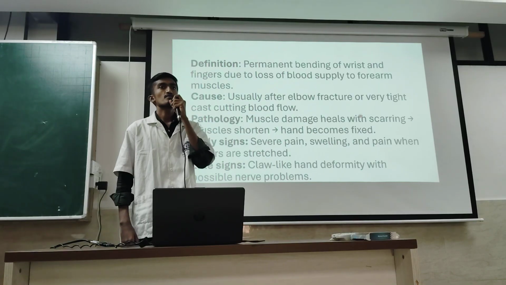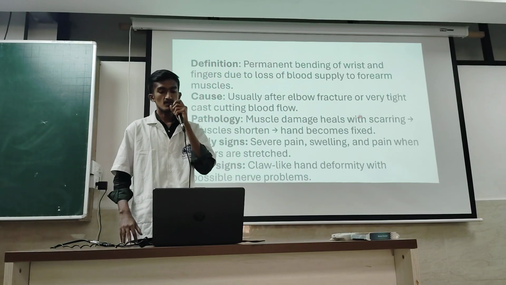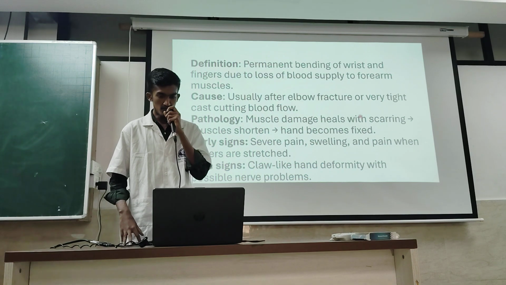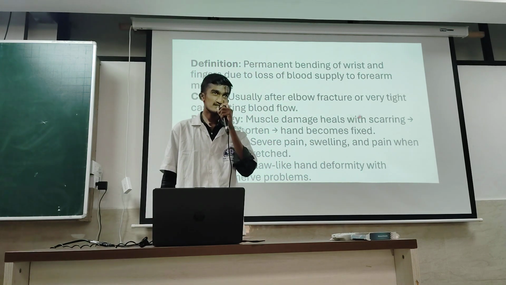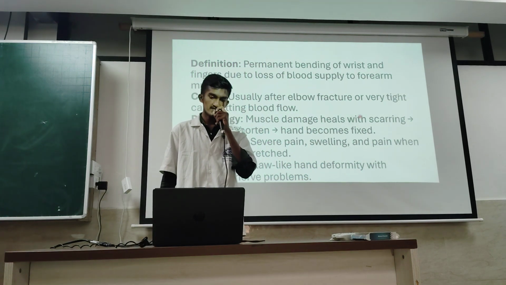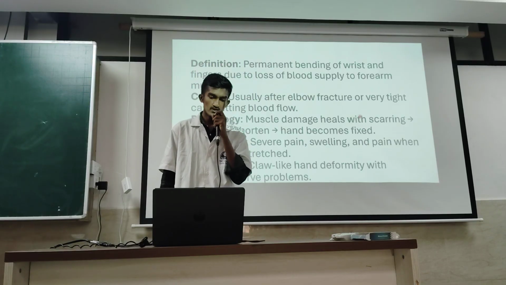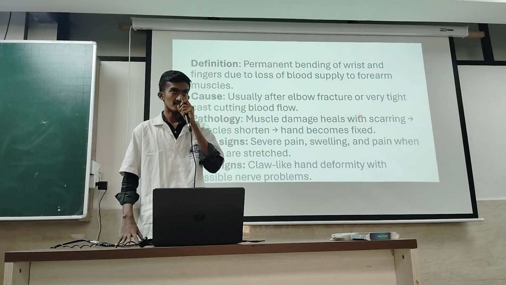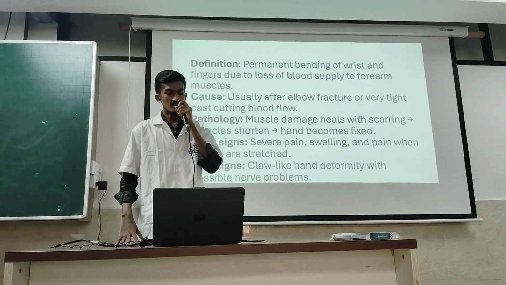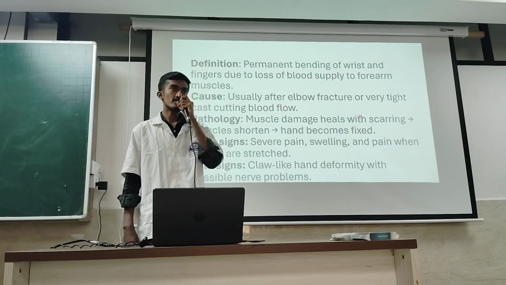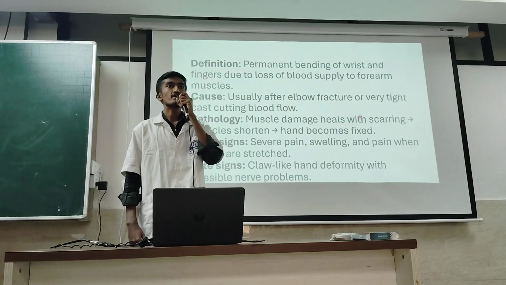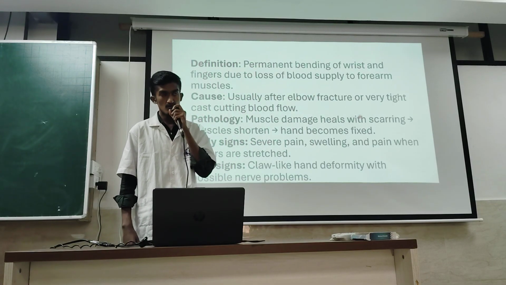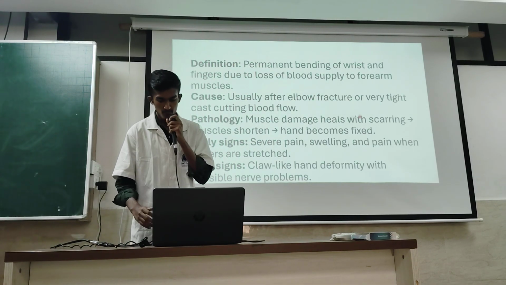Its common causes are the supracondylar fracture itself and a very tight cast, which cuts off the blood supply. In pathology, muscle damage leads to scarring, and then the muscle shortens and the hand gets fixed. Its early signs are severe pain, swelling, and pain when fingers are stretched passively. Its late signs are claw-like hand deformity with some nerve problems.